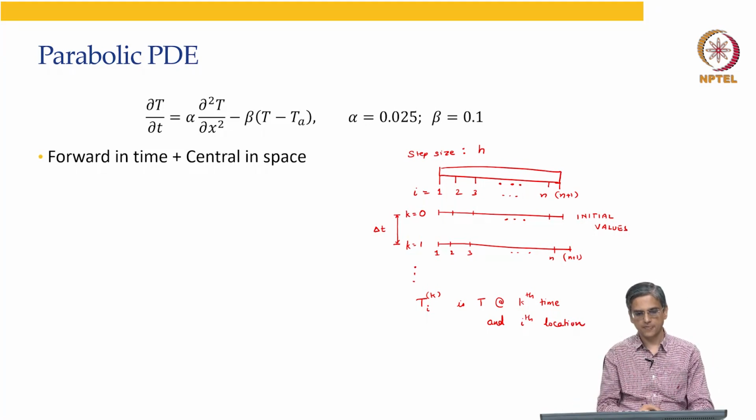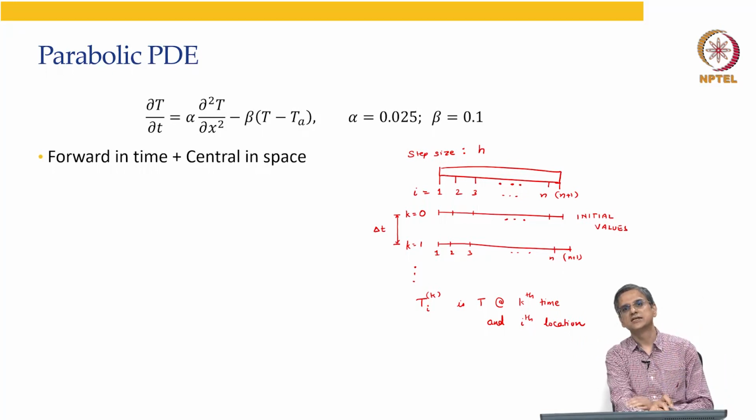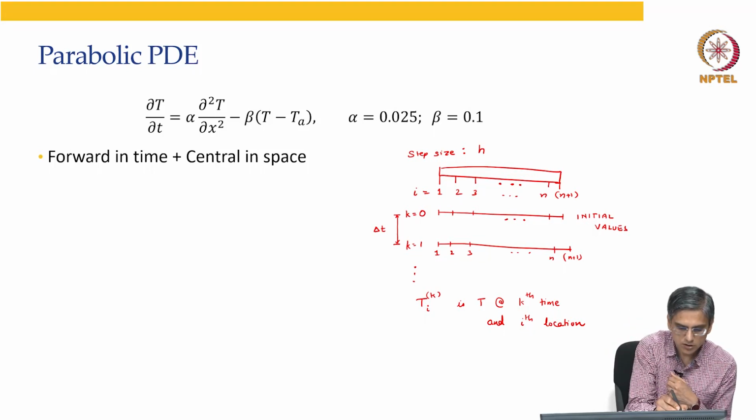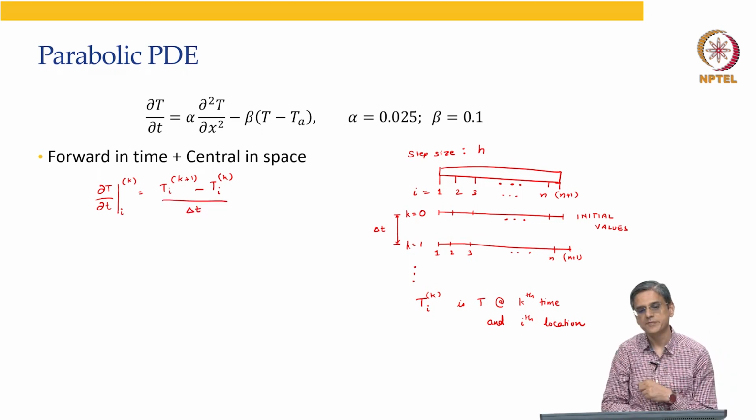And the ith location. So, we are going to use forward in time, central in space. Why central in space? Because central in space is a second order accurate method. So, dT by dt at any location i and time k is nothing but the difference at the ith location divided by delta t.